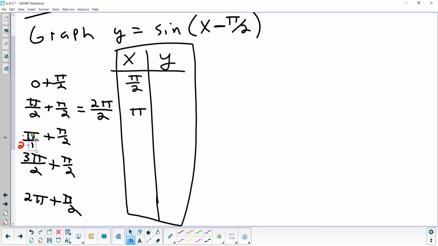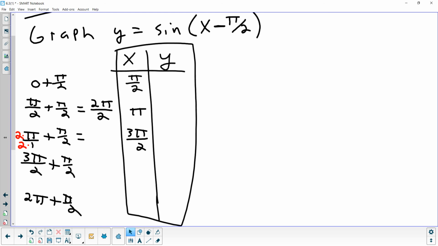A 2. So now I have 2 pi over 2 plus 1 pi over 2. Now, what's 2 pi over 2 plus 1 pi over 2? 3 pi over 2. Nothing to reduce in that case.